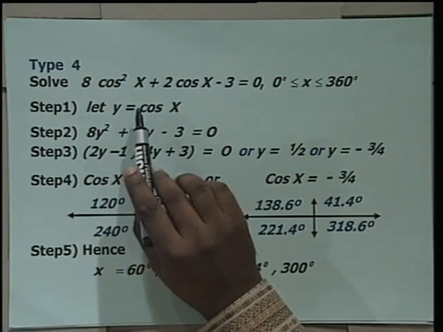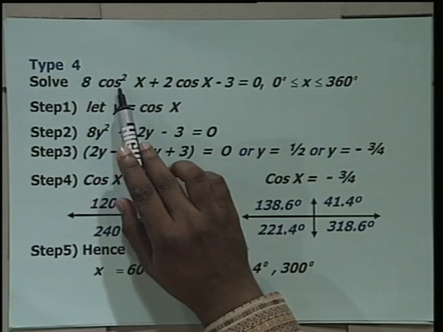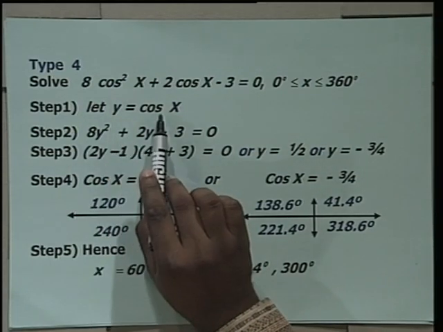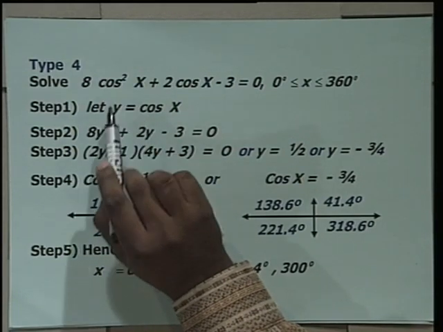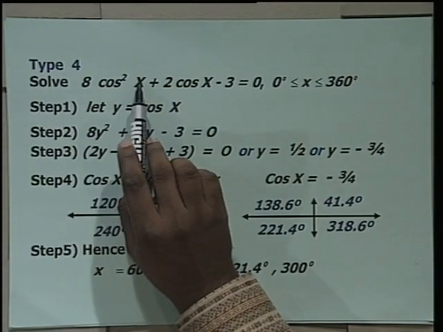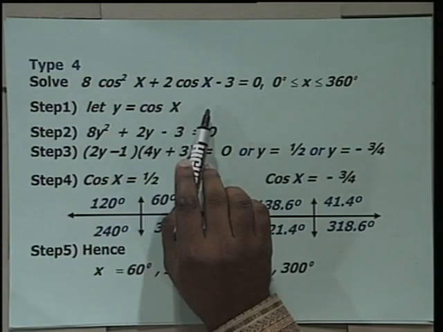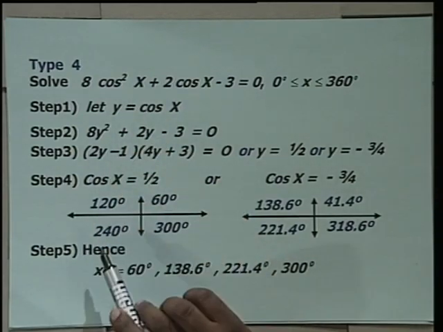So here, the first step in solving this equation would be to say, let y is equal to cos x. It means that cos squared x must be replaced by y squared, because cos squared x is cos x times cos x, so it will be y times y, which becomes y squared.